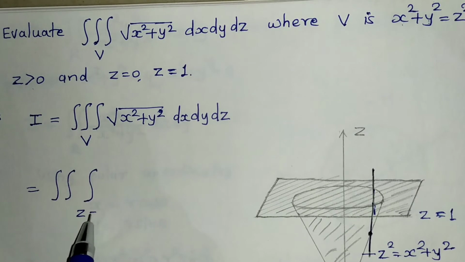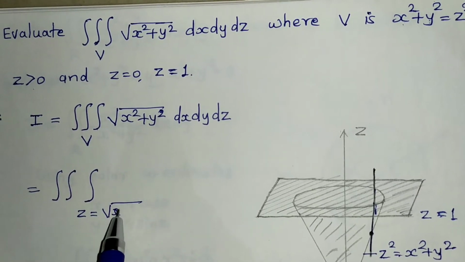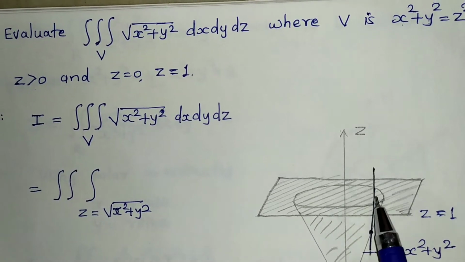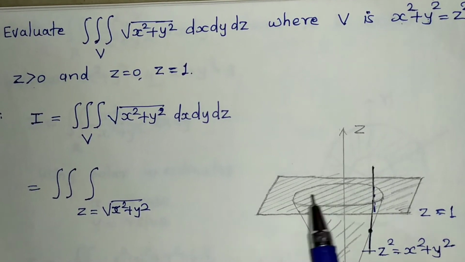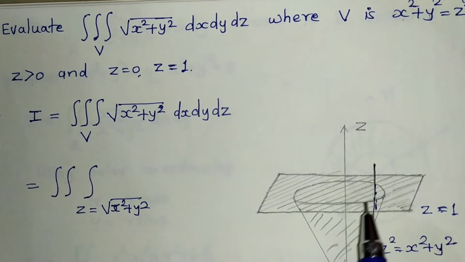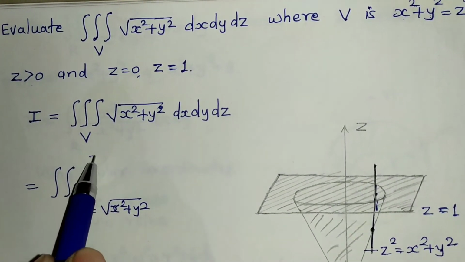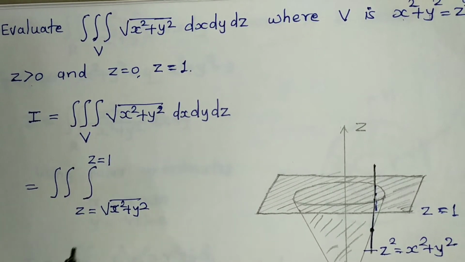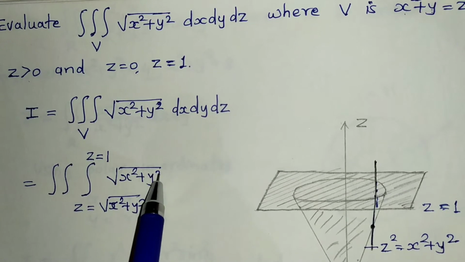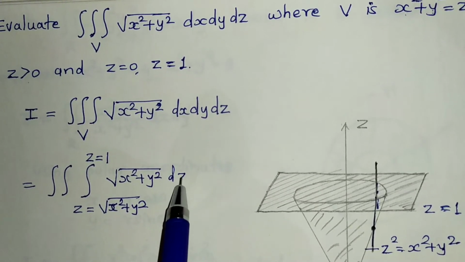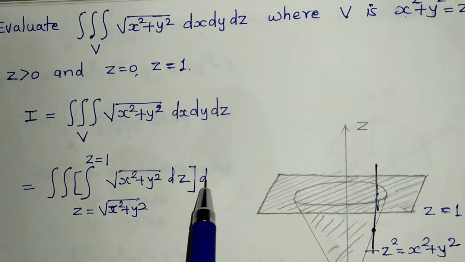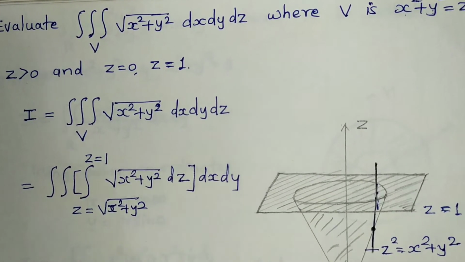So I write here z is equal to root of x square plus y square, and this line intersects the given region at the plane z is equal to 1. Therefore the upper limit is z is equal to 1. We integrate root of x square plus y square into dz with respect to z first, multiplied by dx dy.